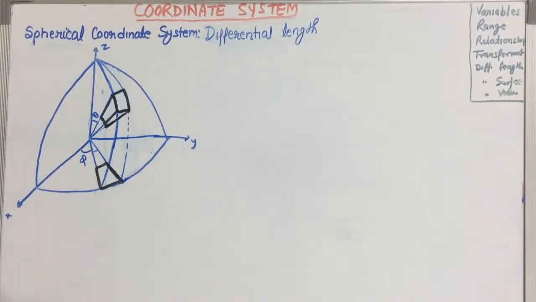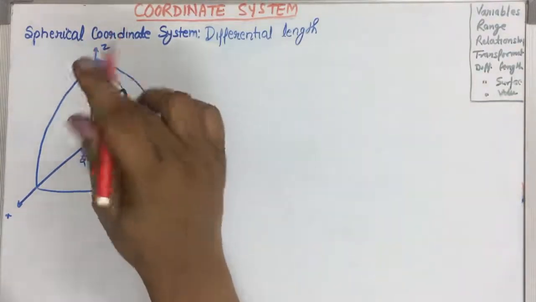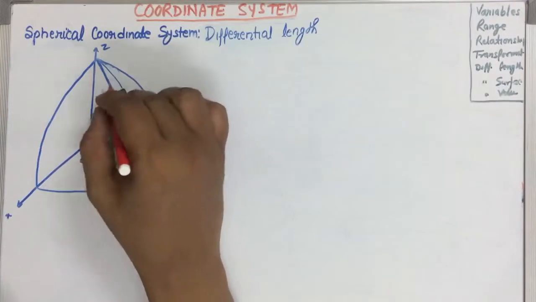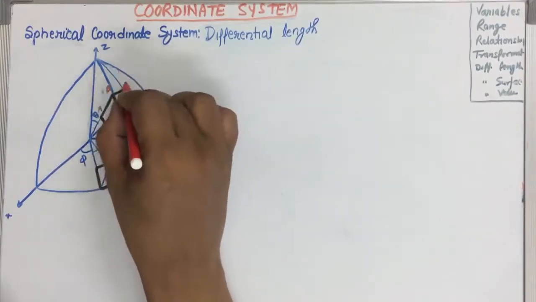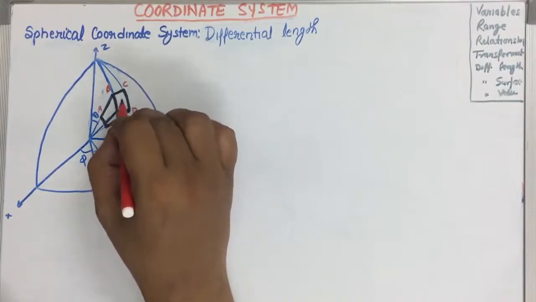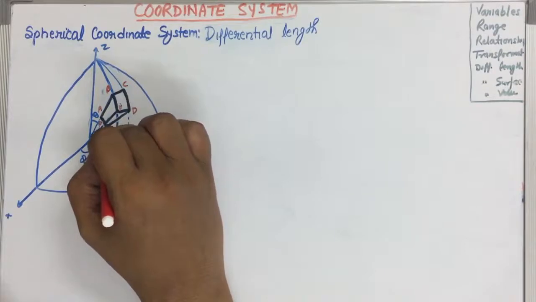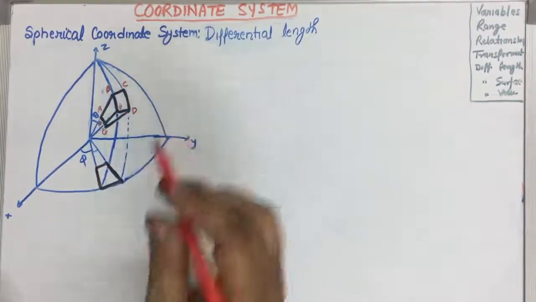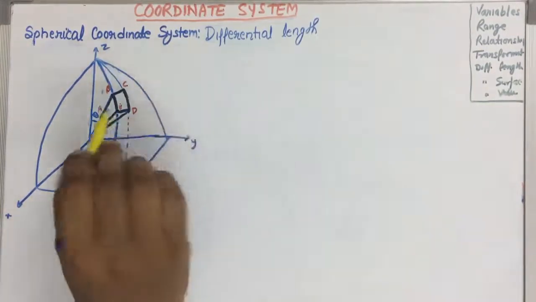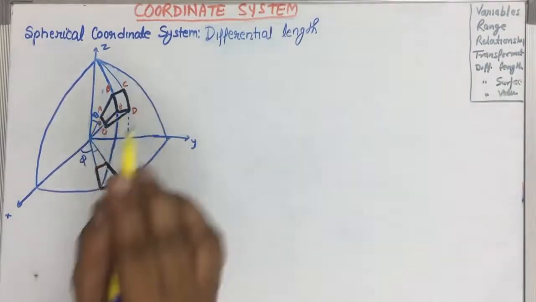So in this case, just name the differential object A, B, C, D, E, F and G. To find the differential length, just take the maximum possible length displaced by this object, that we can assume to be AD.